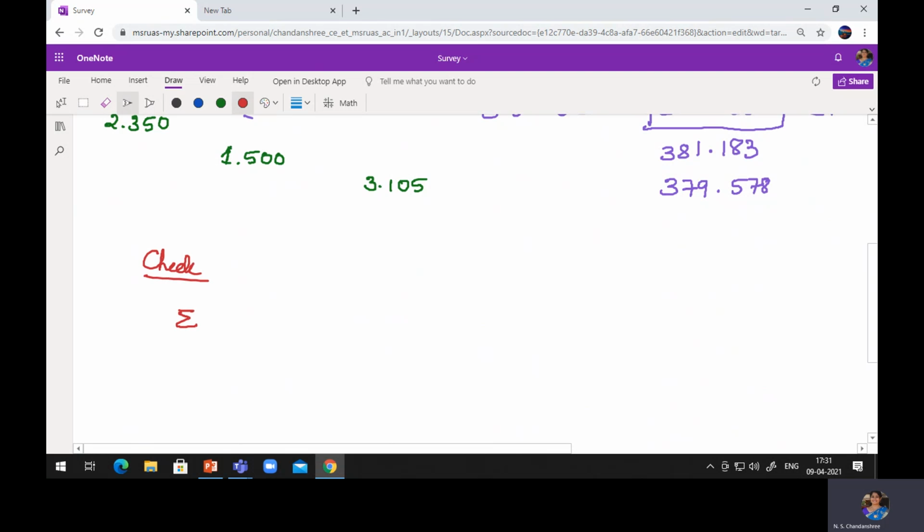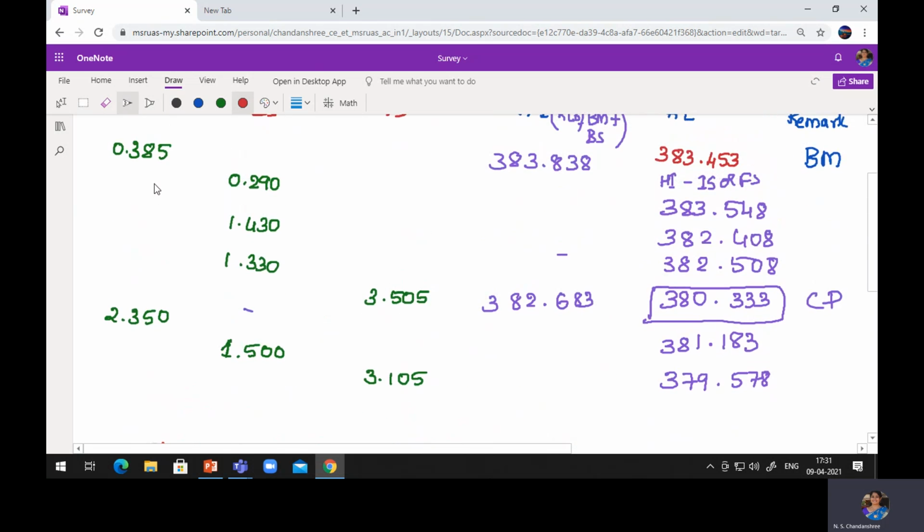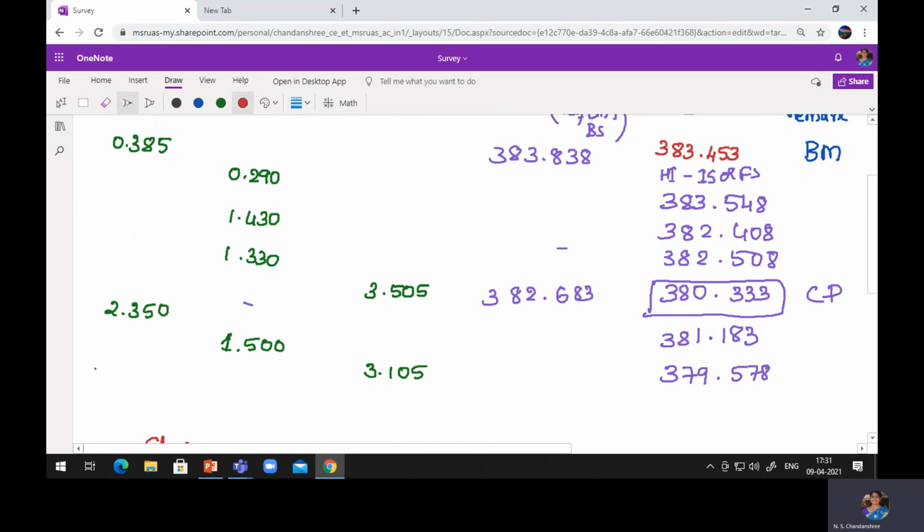The check is given by sigma backsight minus sigma foresight, which equals last RL minus first RL. So sigma backsight, we have to add all these backsight values. Sigma backsight is 0.385 plus 2.350. So sigma backsight is 2.735.